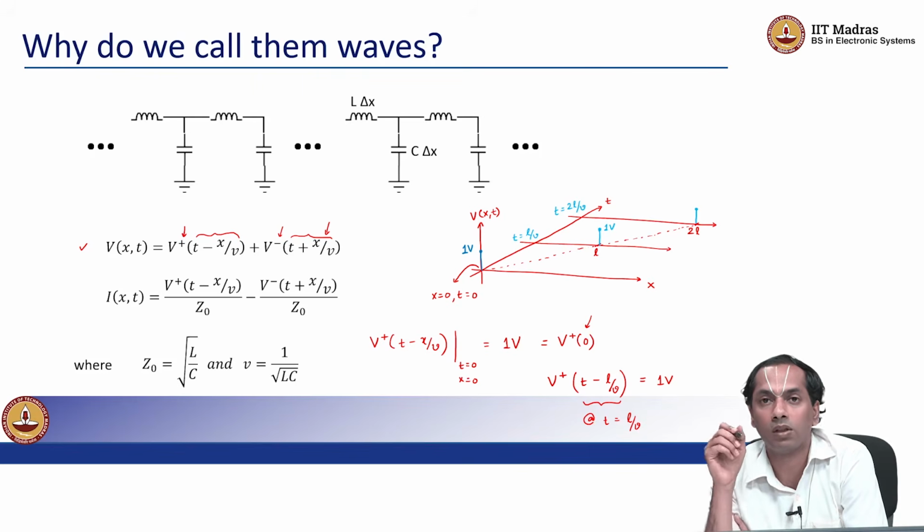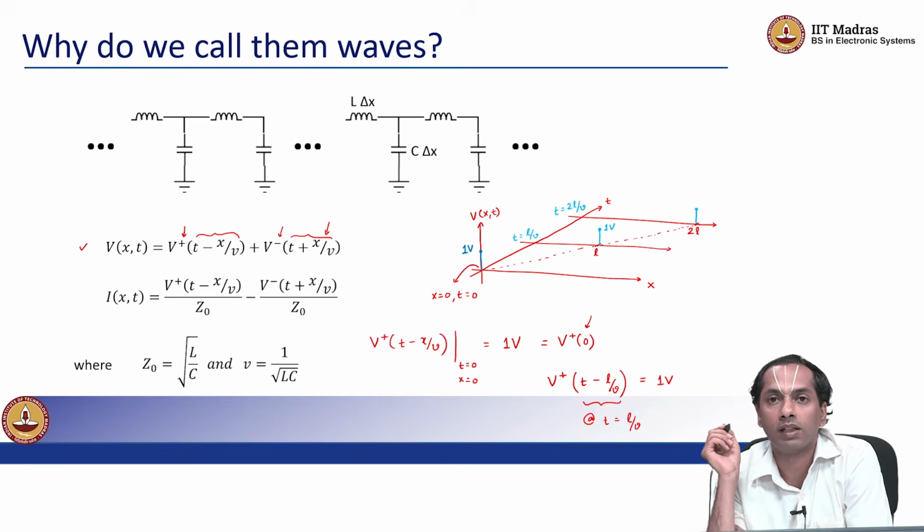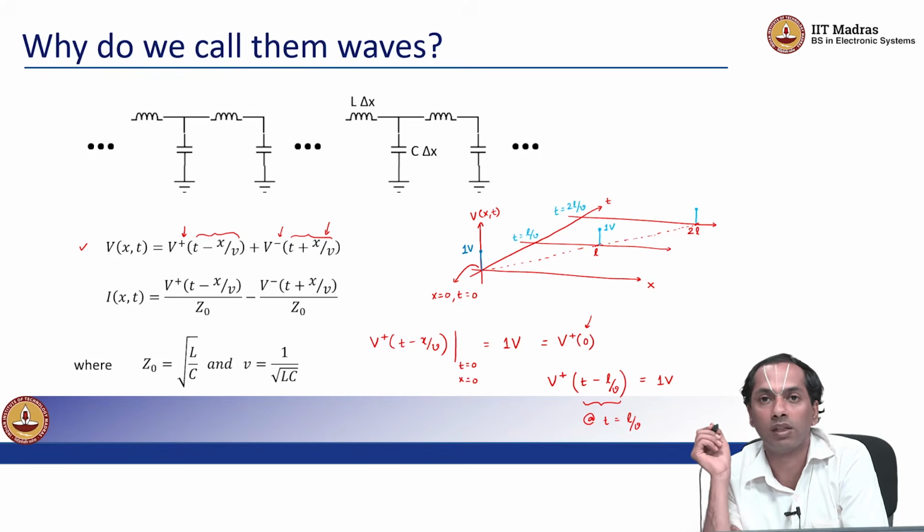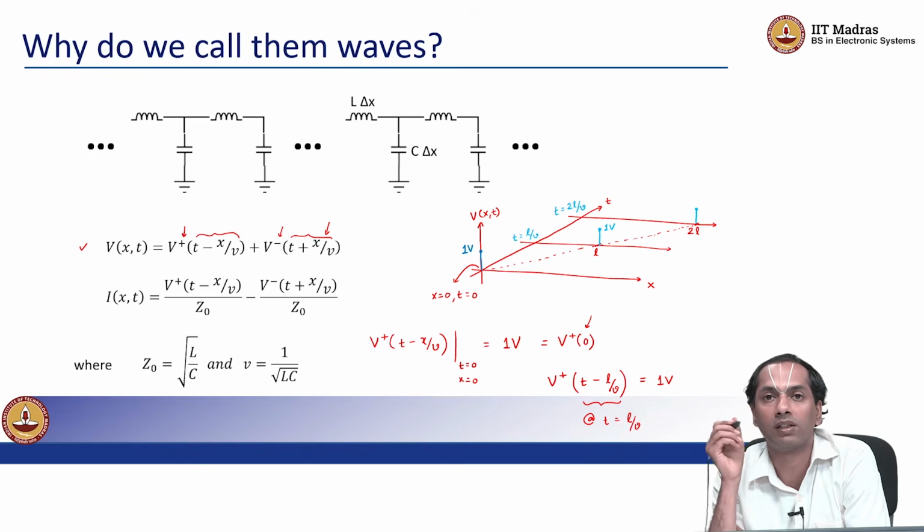So this is what we mean by a finite time delay, or a finite speed of light delay, when it comes to voltages and currents propagating along a transmission line. This V plus t minus x by V is a function that captures the movement of the voltage from x equal to 0 in the positive x direction. When the relative signs between t and x by v are opposite, we call this a positive going wave.